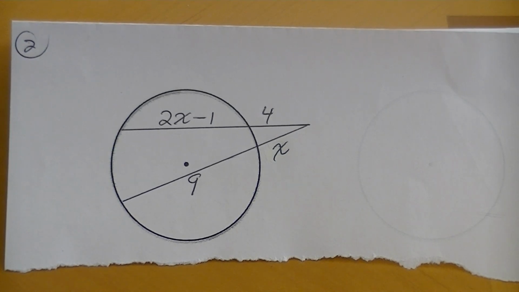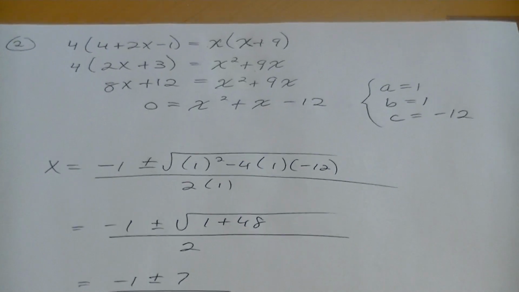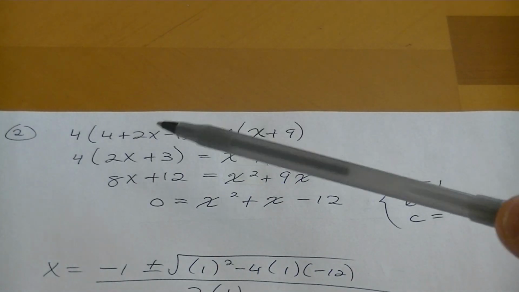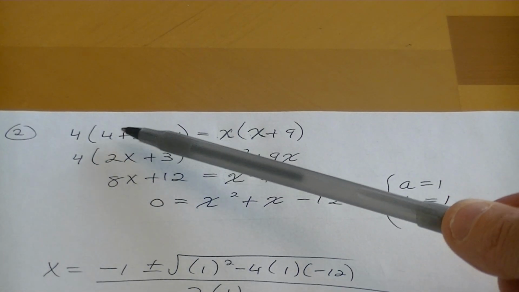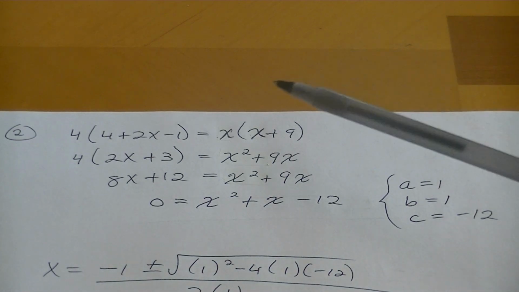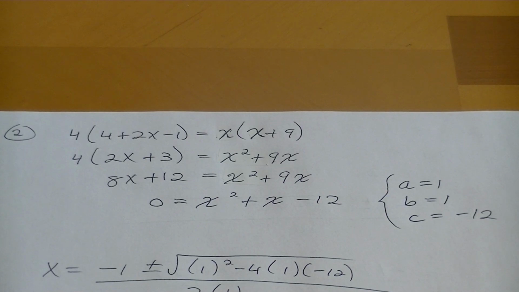So that would look like this. Part on the outside, 4, times the whole length, which was the 4 plus the 2x minus 1, equals the part on the outside of x times the whole length of x plus 9.